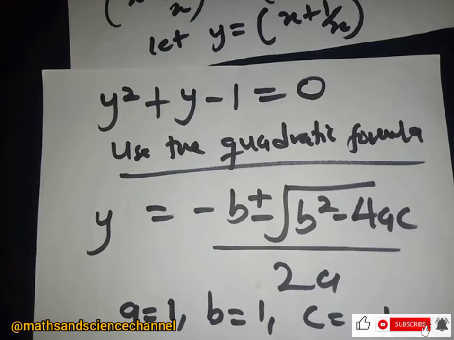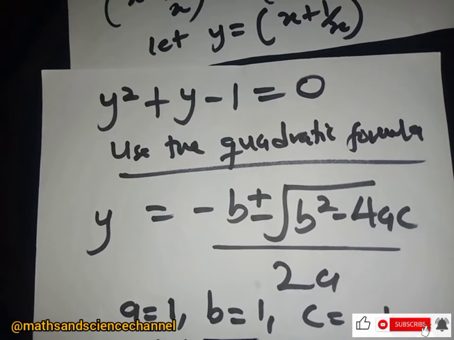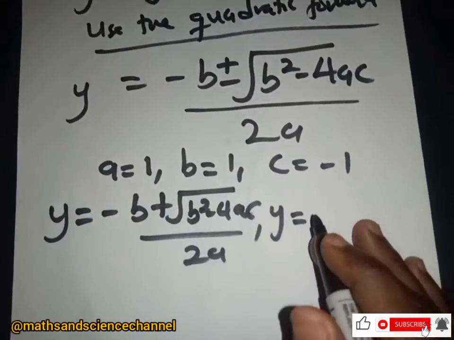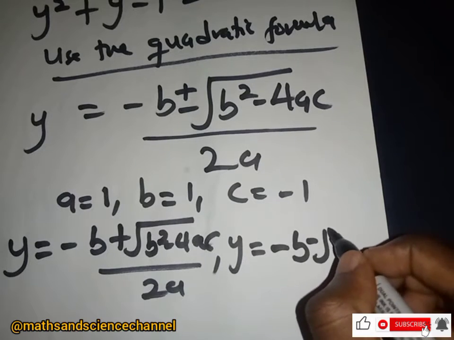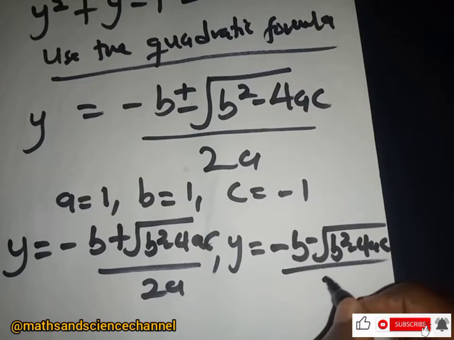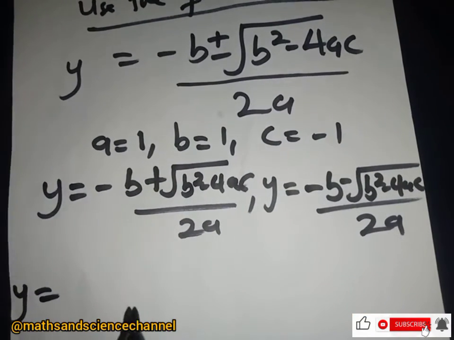So in the first part we get y equal to minus b plus the square root of b squared minus 4ac, all over 2a, and also y equal to minus b minus the square root of b squared minus 4ac over 2a. So we have the first part here.